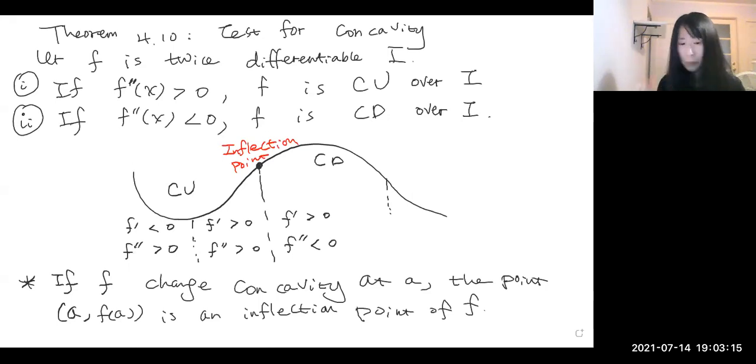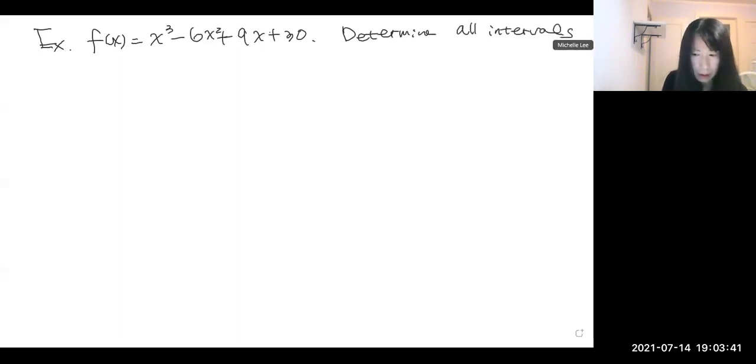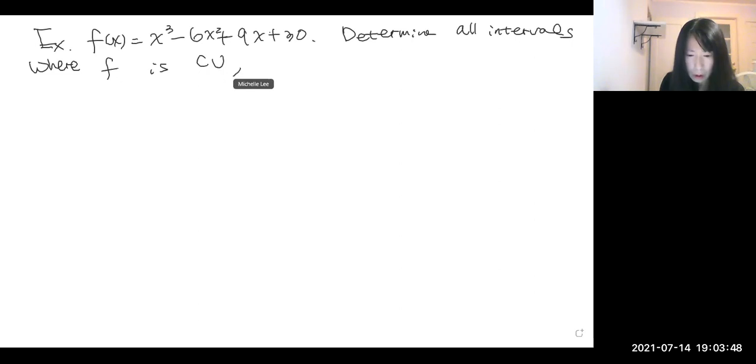Okay, so let me erase this one. We have the function. Determine all intervals where f is concave up or concave down.